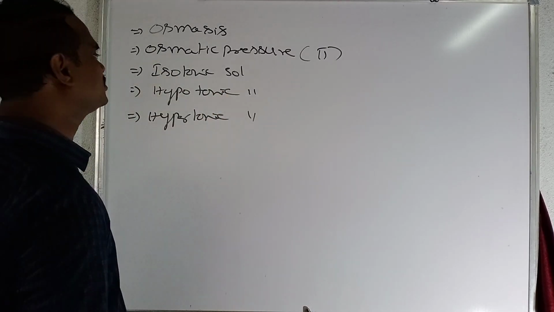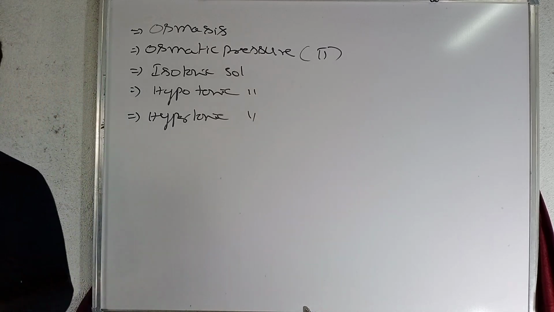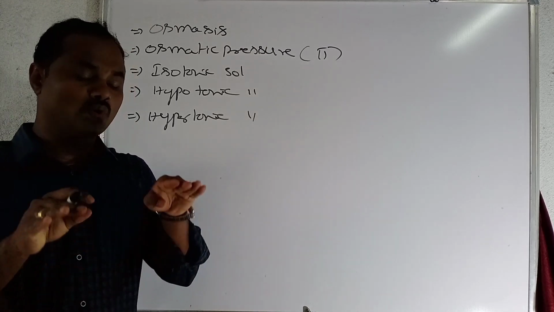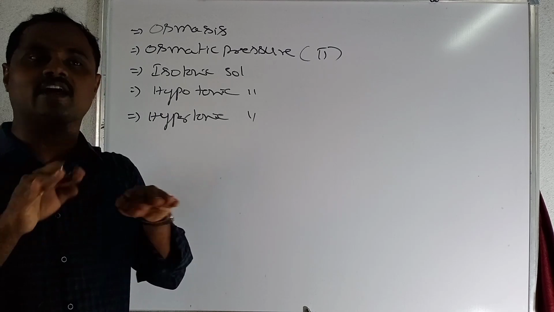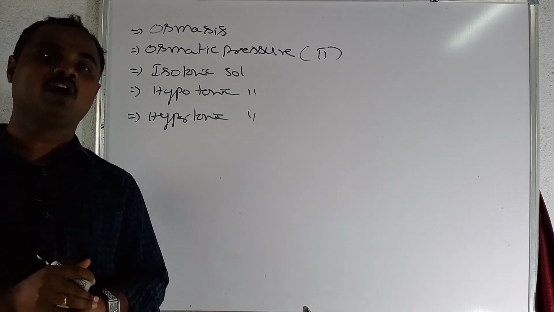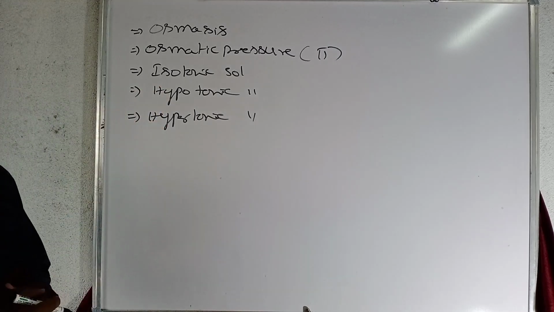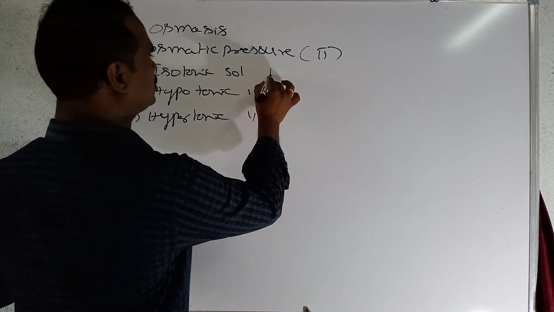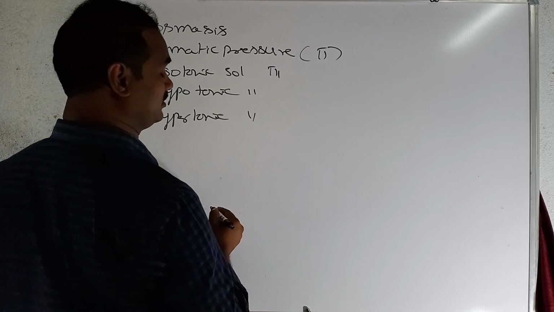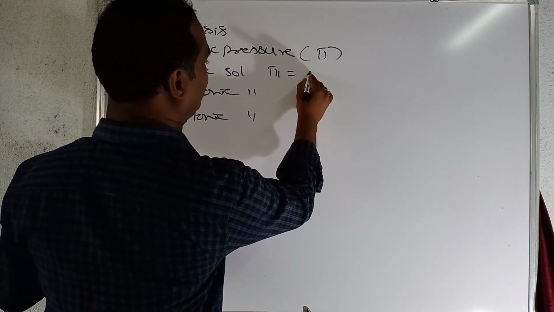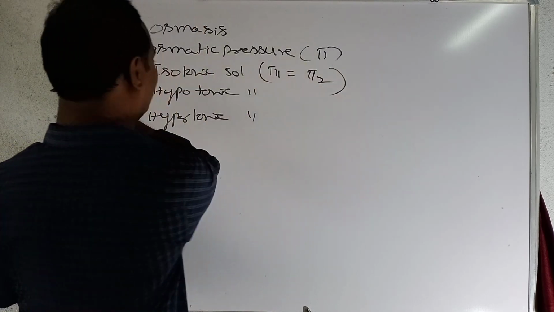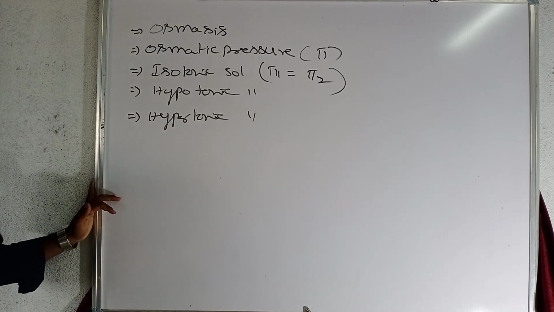Come to isotonic solution. Iso means similar. Two solutions having the same osmotic pressure at the same temperature, we call as isotonic solution. Solution 1 osmotic pressure pi 1, solution 2 osmotic pressure pi 2, both are equal means that is isotonic solution.